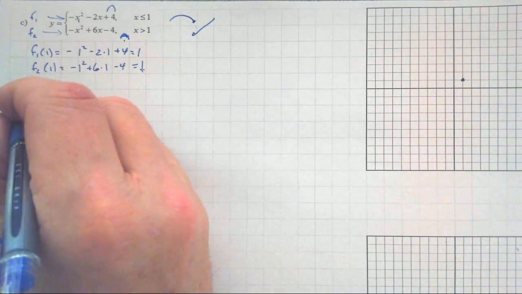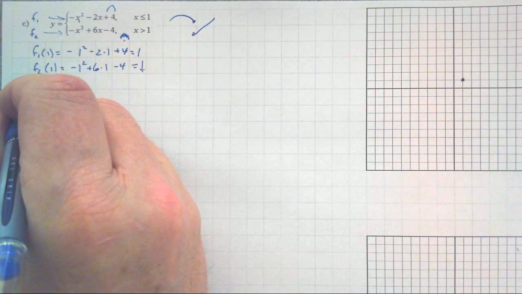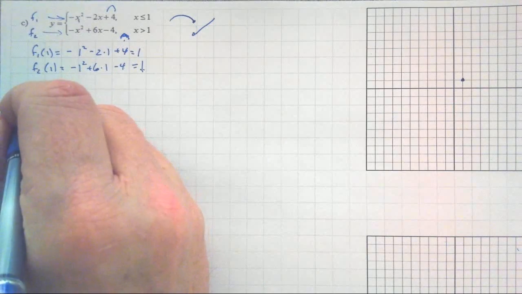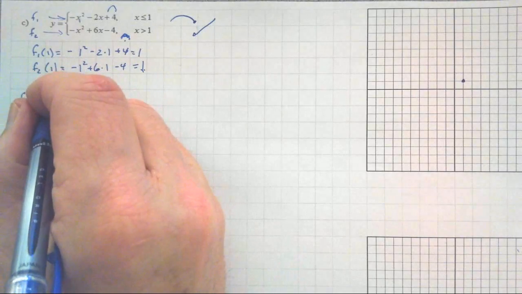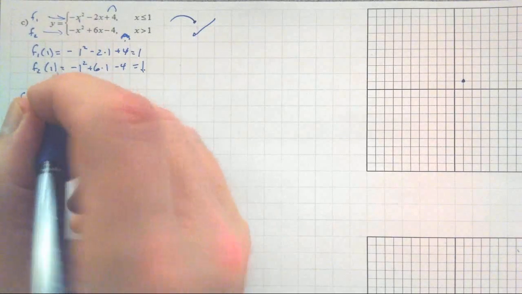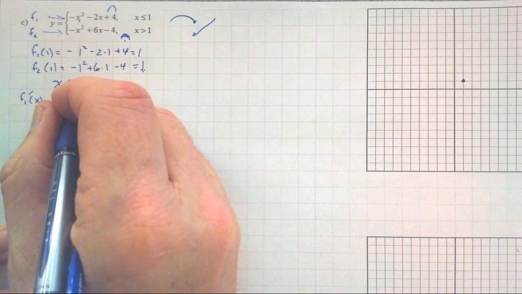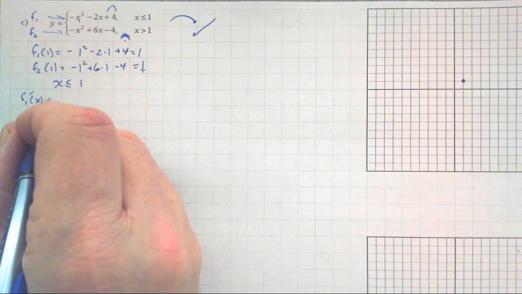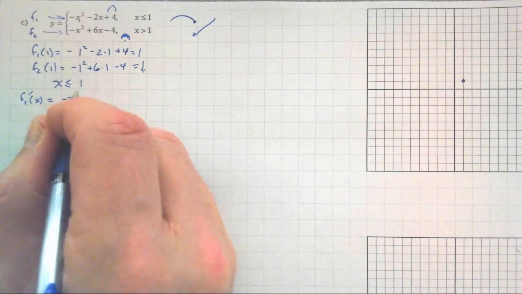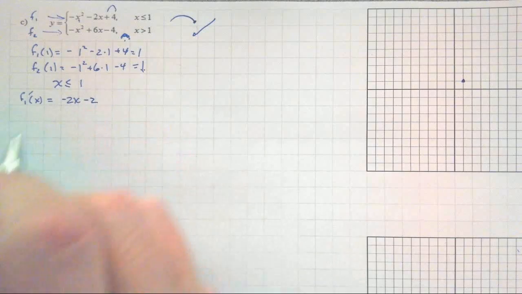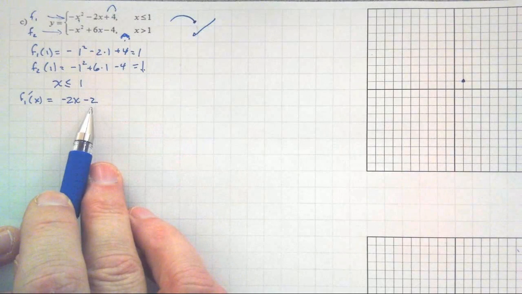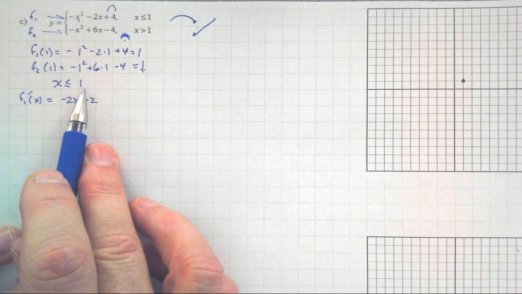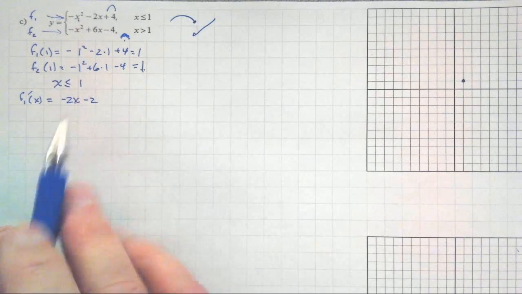Okay, so here I'm going to deal with F1. I'm going to find F1 of X's derivative. And I'm going to remember for this part, I can only accept values where X is less than or equal to 1. So F1's derivative is negative 2X minus 2. That is differentiable forever. So here's where I could test the slope at 1 if I wanted to.